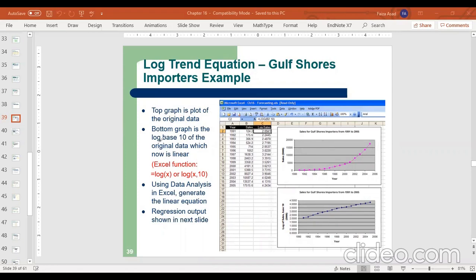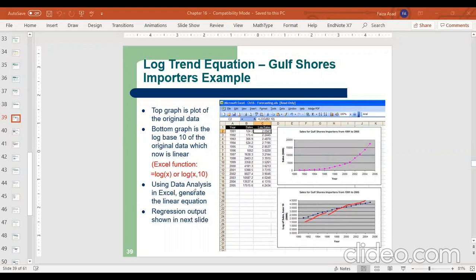The bottom graph is log base 10 of the original data, which is now linear. So we applied the log function to column B and got these log sales in column C, and these log sales are plotted in this graph, and you can see that this line is near to a linear line.